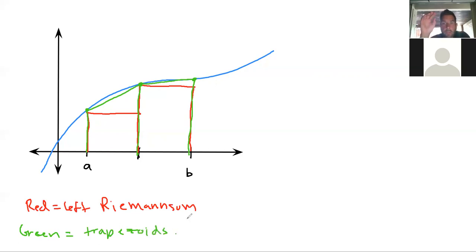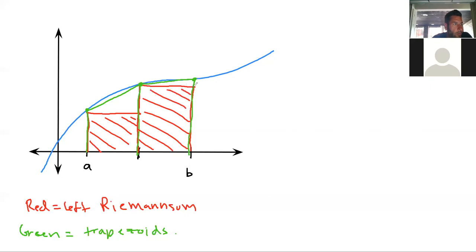Now, if I shade in my red, if I look at these two red rectangles, you could argue that they are sort of approximating the area under the blue curve.